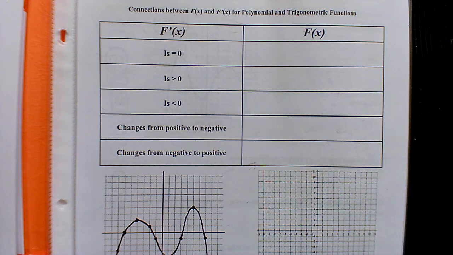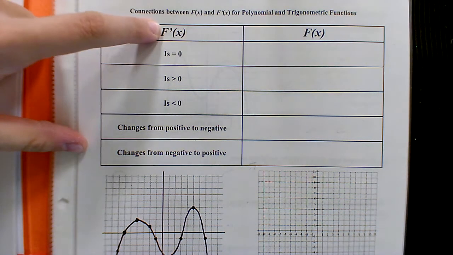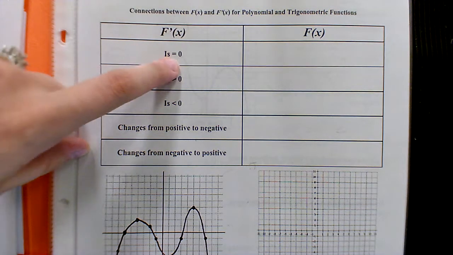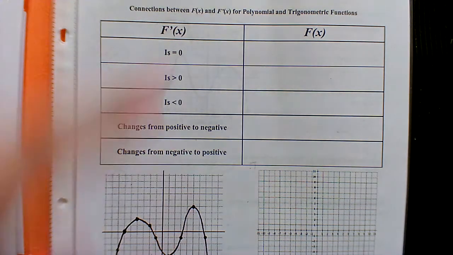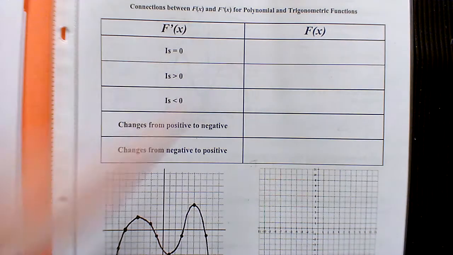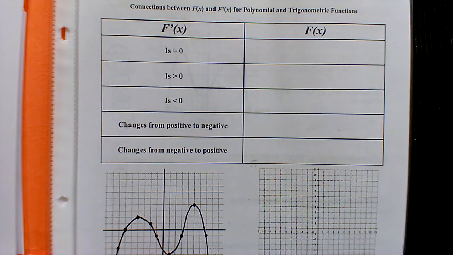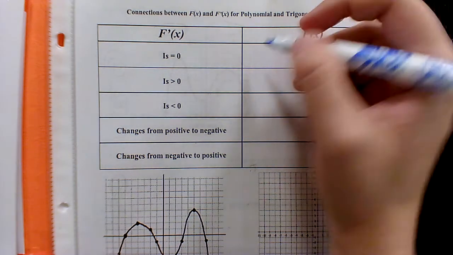So, if I told you that the derivative is equal to 0, what is that telling you about the original graph? You have a max or min.